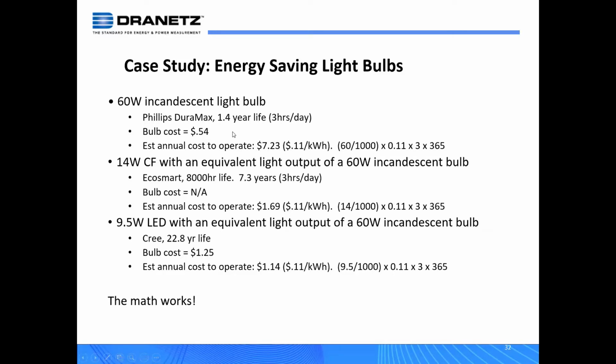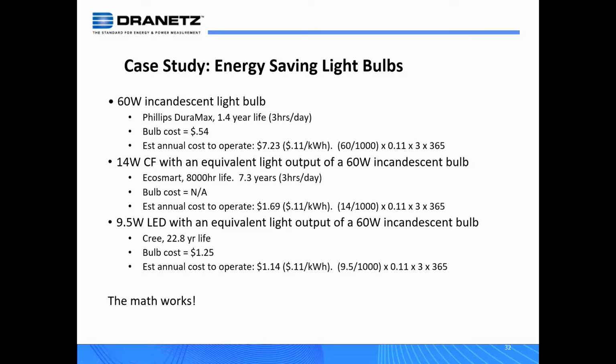So in the United States, we have Energy Star, which is just a reference point. Basically it assumes that you're operating at 11 cents a kilowatt hour and 3 hours per day. It's just a benchmark. Lighting and appliances are all rated based upon those assumptions, to give the consumer an estimate of the cost of use over a year.